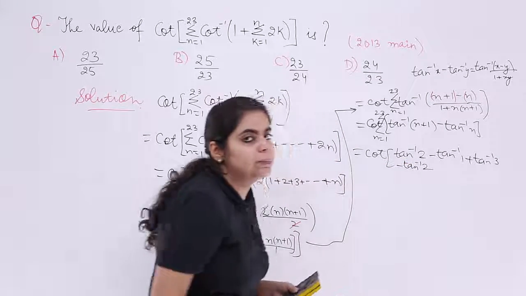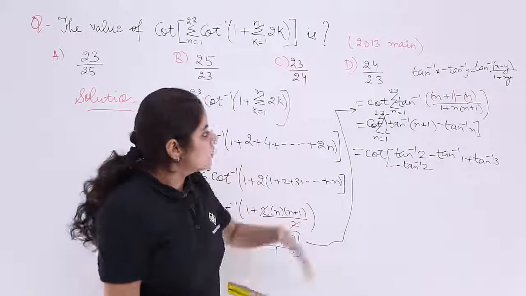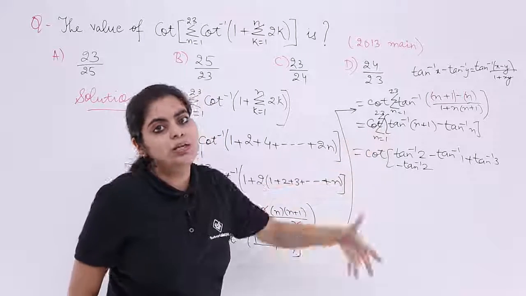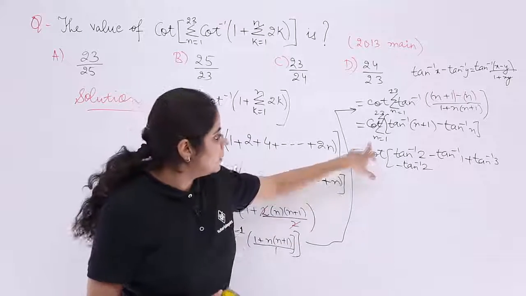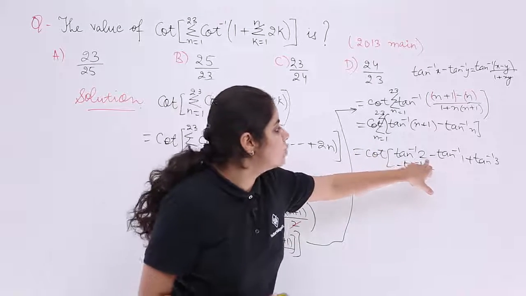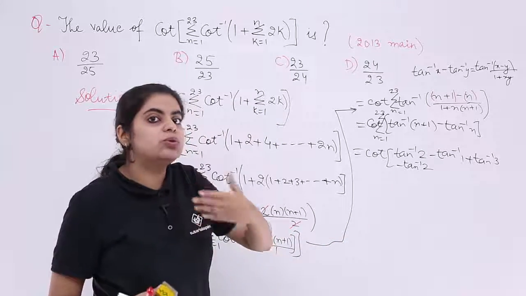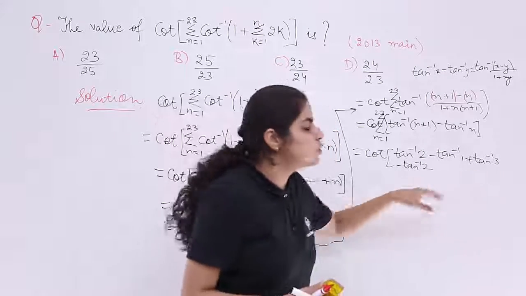What I want you to note is that you don't have to put all the values. You just have to do it by approximation and by logic. When n is equal to 1, you have two values, 2 and 1. When n is equal to 2, you have two values, 3 and 2.